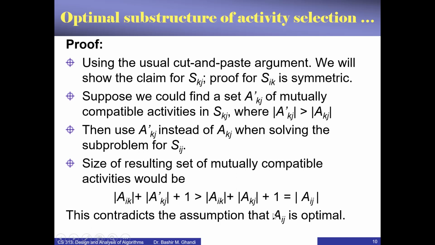So since this will lead us to a contradiction, it means that Aij is actually optimal, and the solutions to the subproblems are themselves also optimal. In other words, Aik and Akj are also optimal solutions to the two subproblems. So this is the normal cut and paste argument to prove that our characterization actually satisfies the optimal substructure requirement.